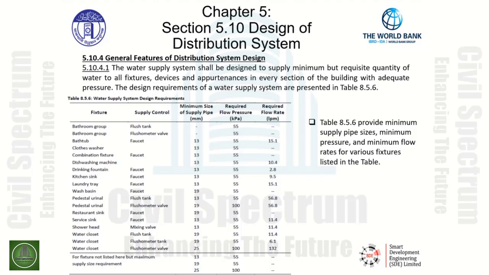So this is a valuable table to the designer to understand the minimum required flow pressure and flow rates along with the minimum pipe sizes for each specific fixture or fixture group.